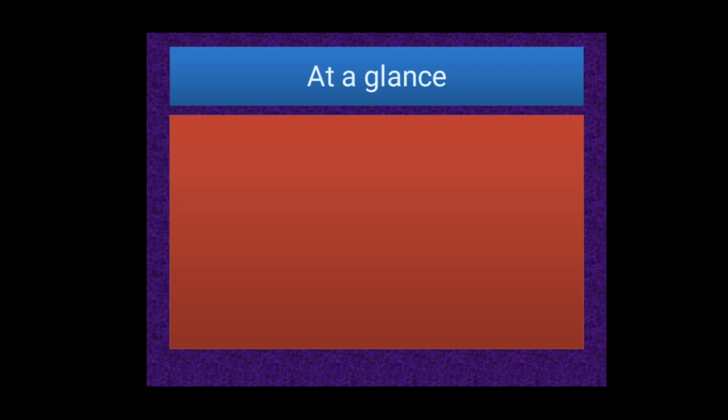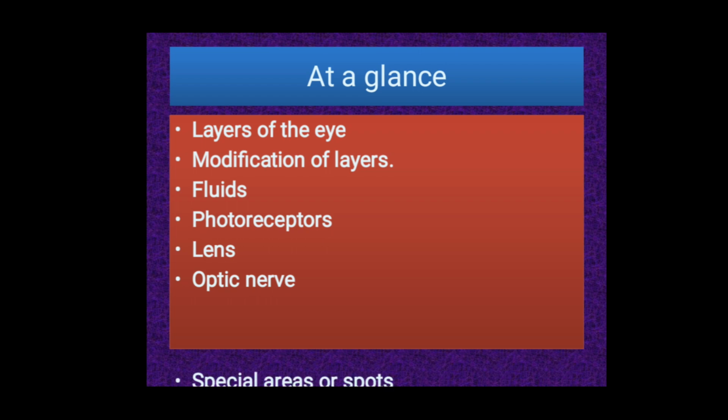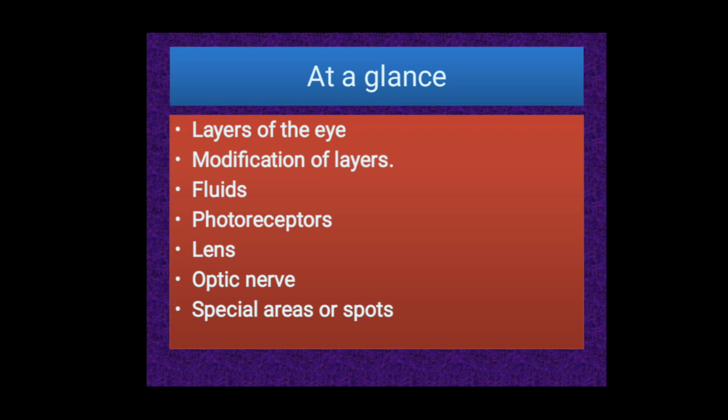The major points under this module are the layers of the eye, the modifications of various layers in the eyeball, the fluids present inside the eye, the photoreceptors, lens, optic nerve, and finally special areas or spots in the eye.